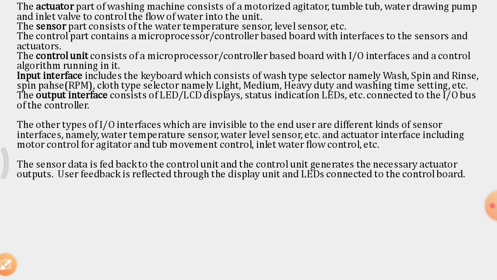These are components which are not visible. The sensor data is fed back to the control unit, and the control unit generates the necessary actuator outputs. User feedback is reflected through a display unit and LEDs connected to the control board.